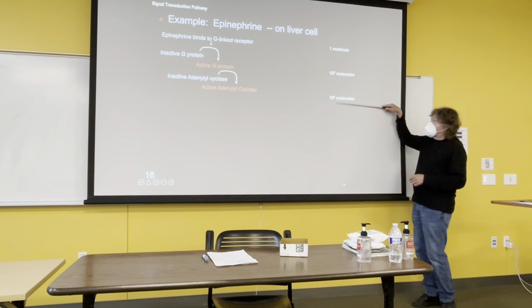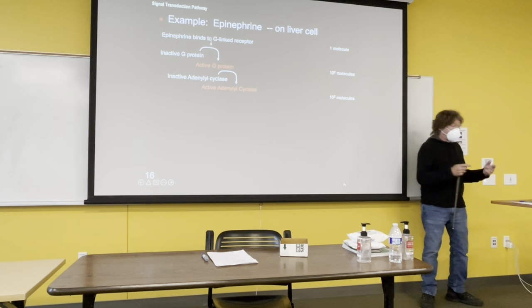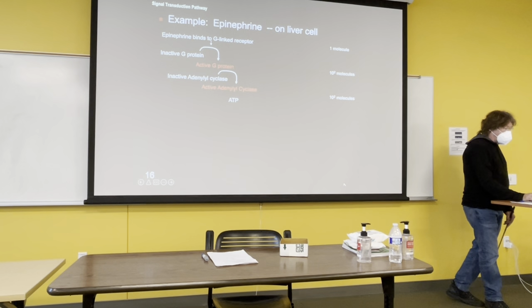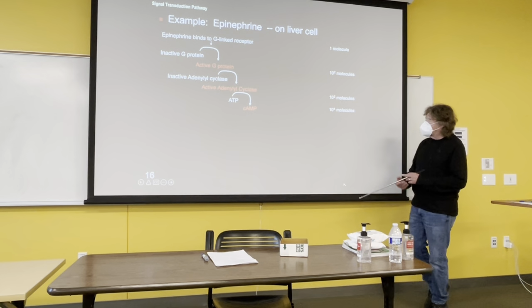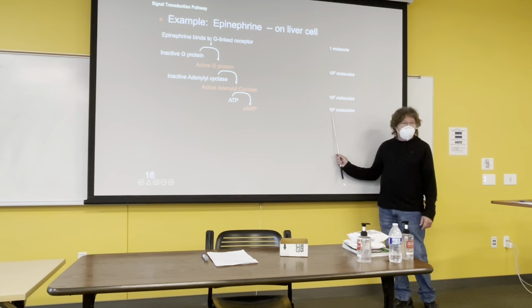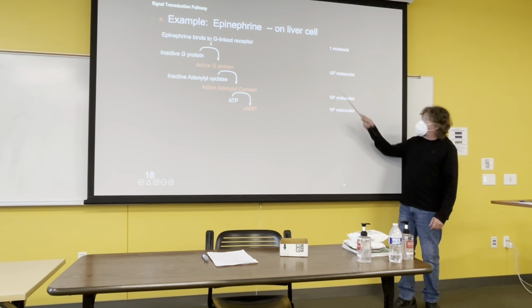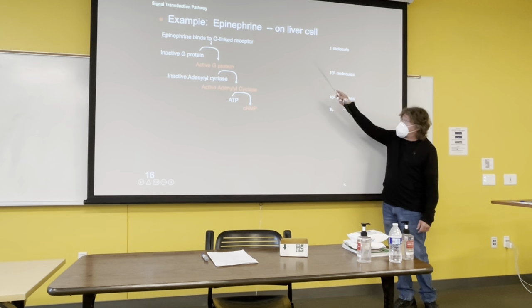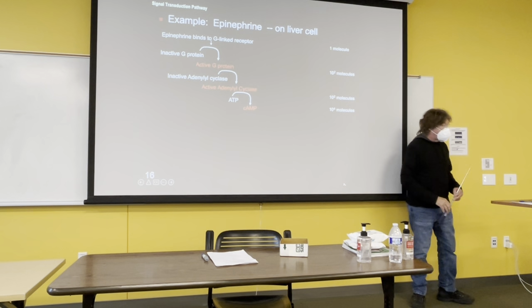And that's no change in amplification here because it's one G protein, one adenylate cyclase. But the adenylate cyclase converts a lot of ATP over, much more than what I have here. Okay, as I said, I just made up these numbers showing that so far just one hormone has led to this high of a response with the cyclic AMP.